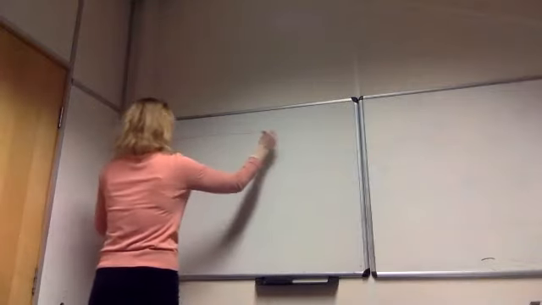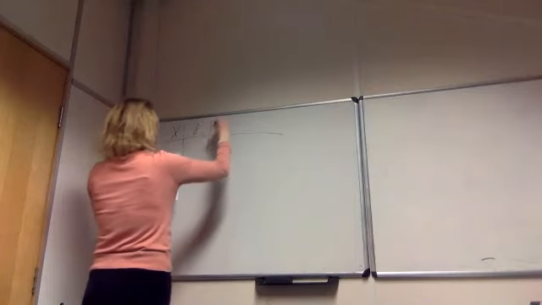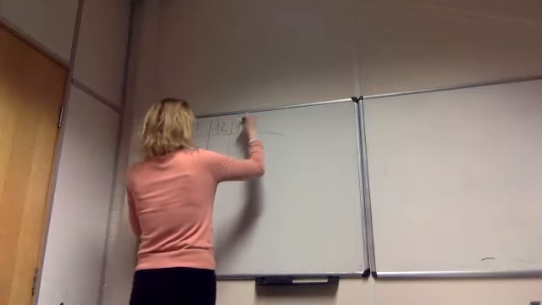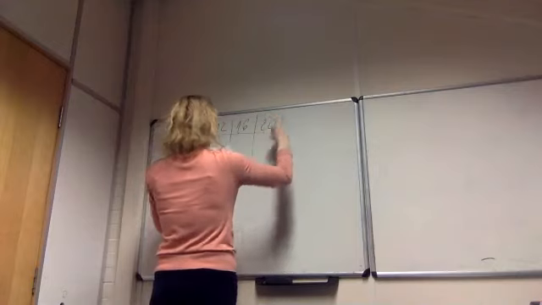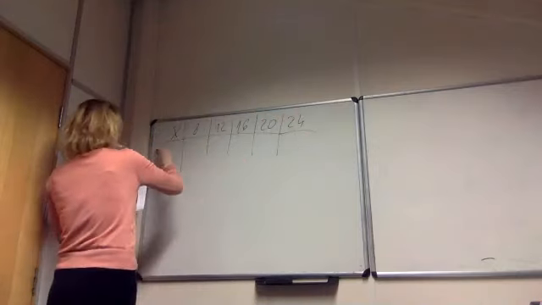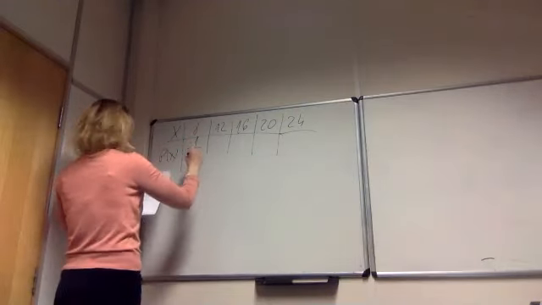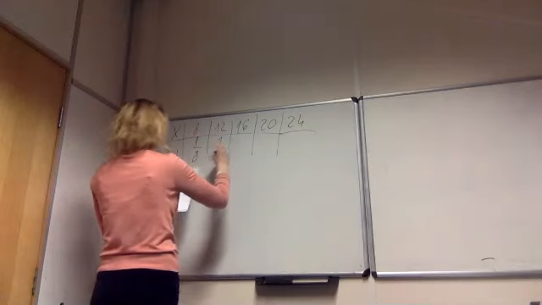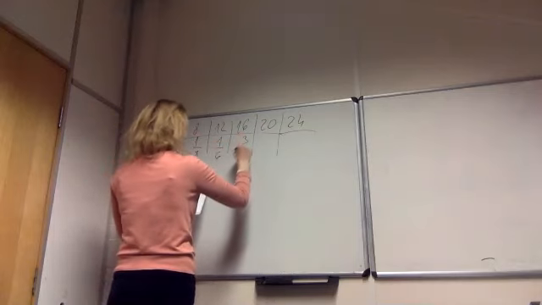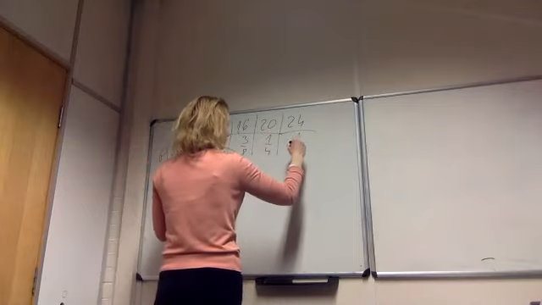We have x values 8, 12, 16, 20, 24, and their probabilities 1/8, 1/6, 3/8, 1/4, and 1/12.